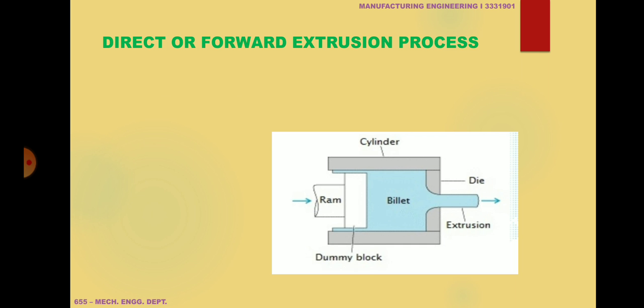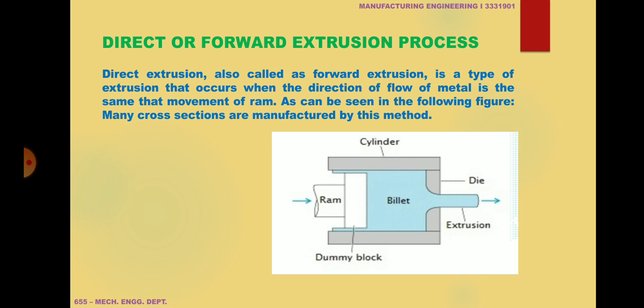So the metal comes out through the shape of the die. Direct extrusion, also called forward extrusion, is a type of extrusion that occurs when the direction of flow of metal is the same as the movement of the ram. So the product comes in the same direction as the ram or piston.